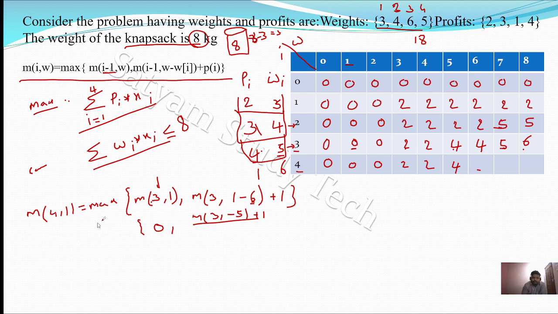Now you can see m of 4 comma w, here w is 6.